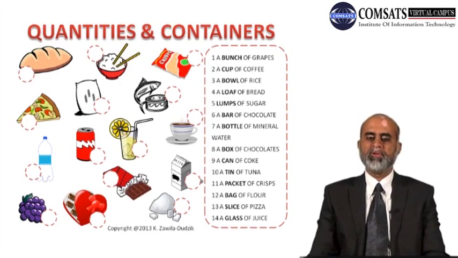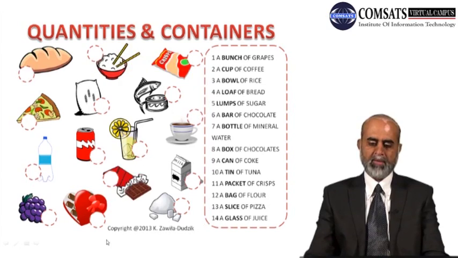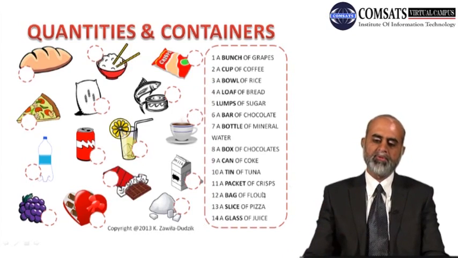Number 5, lumps of sugar. Right? Lumps of sugar means ये वाला जो last है ये है, ये वाला. Lumps of sugar, sugar cubes भी होती हैं, a cube of sugar, but this one is a lump. एक ढेला सा हो जो उसको lump कहते हैं, a lump of sugar.